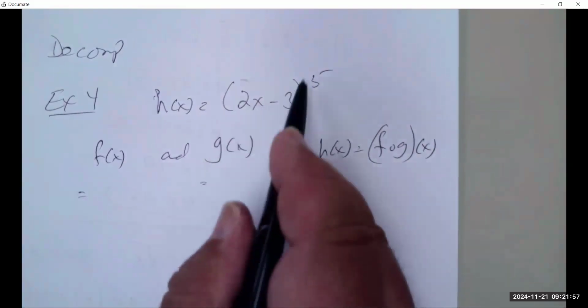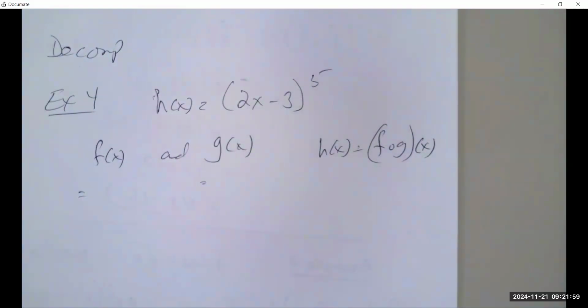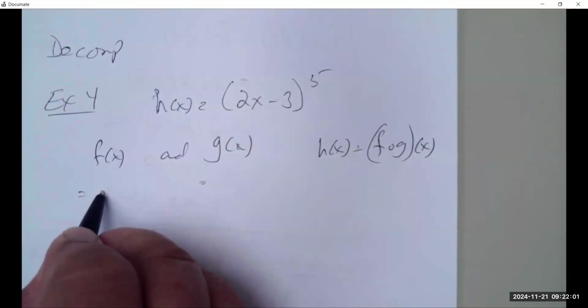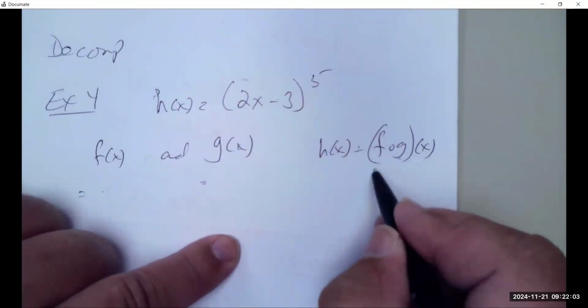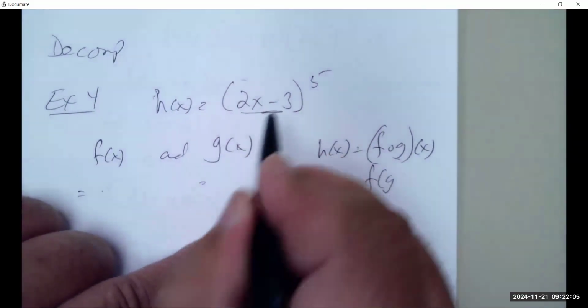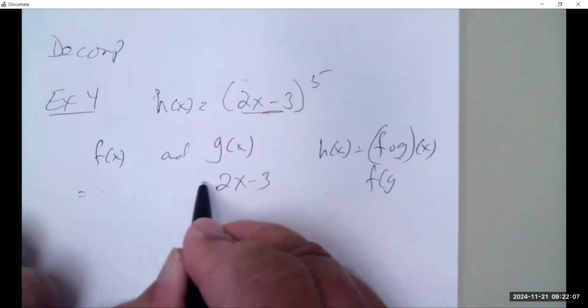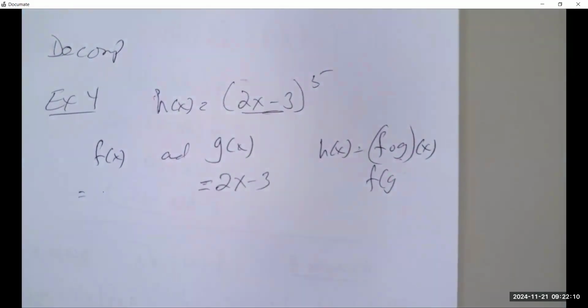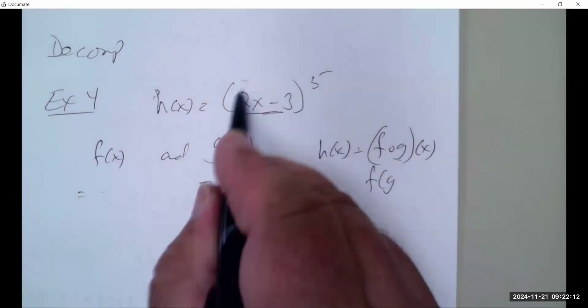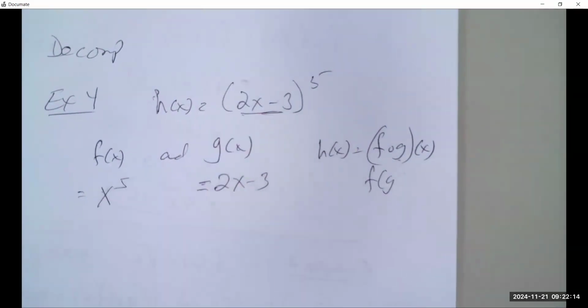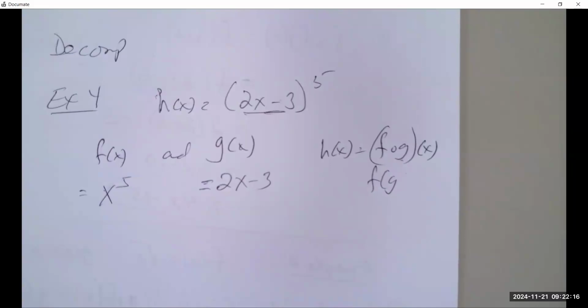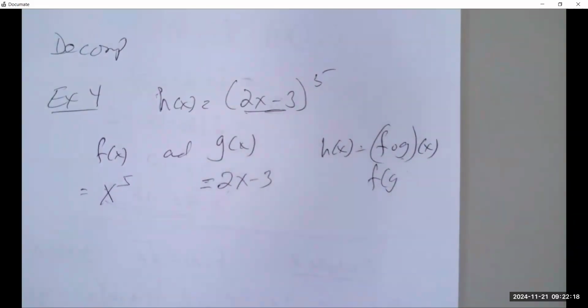So which one's the inside function of this one? The inside function is 2x minus 3. That's my g of x. My outer function is x to the 5th. I just plug that in there. I got that.